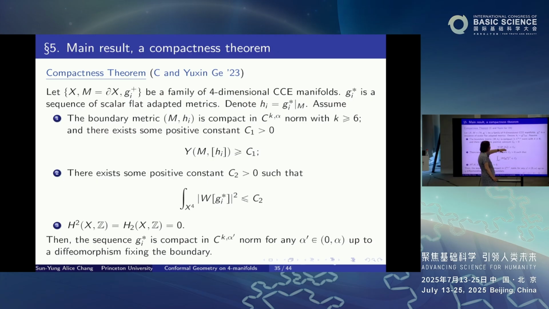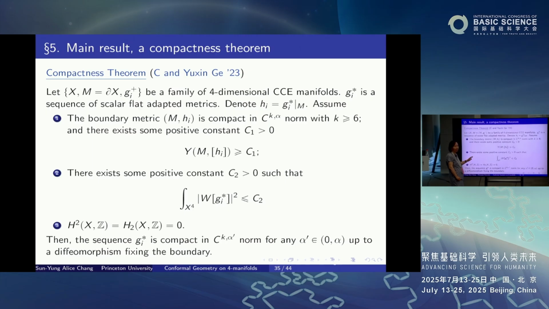Then if the boundary is C^k, and the boundary is bounded away from 0, we want to say that this GI star is compact. But first, we need to add some topological assumption so that this sequence of metrics does not have interior blow-up. So this topological constraint is to prevent interior blow-up.